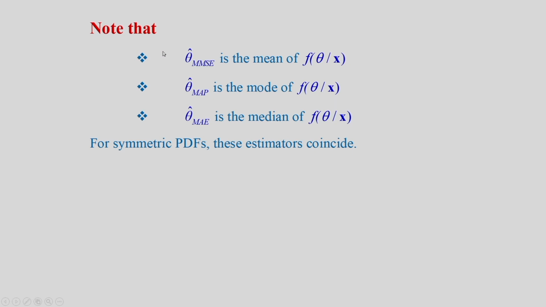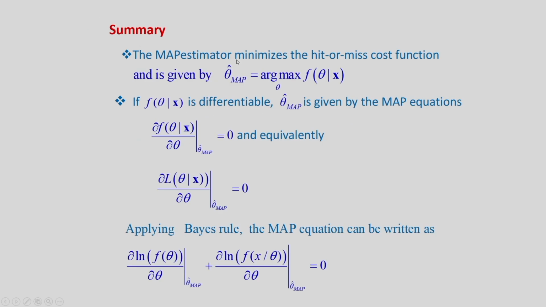So, MMSE is given by the mean of the a posteriori PDF, theta hat MAP is given by the mode of the a posteriori PDF, and theta hat MAE is the median of the a posteriori PDF. For symmetric PDFs, these estimators will coincide because for such PDFs mean, mode and median coincide.